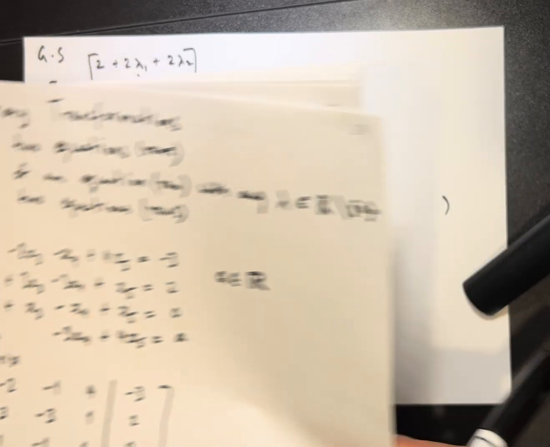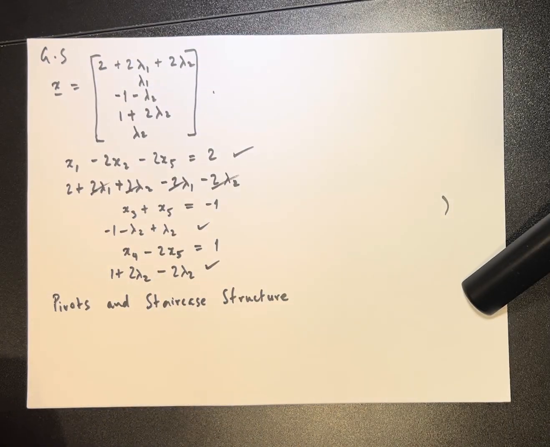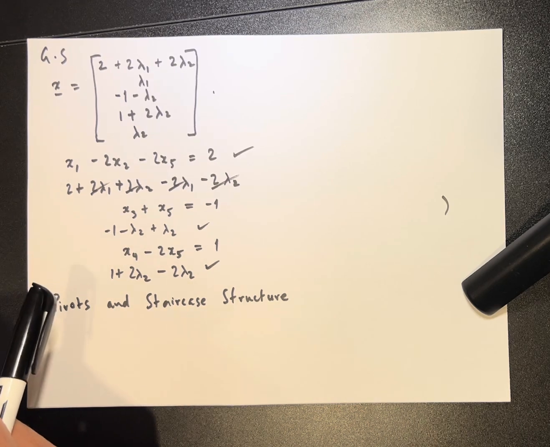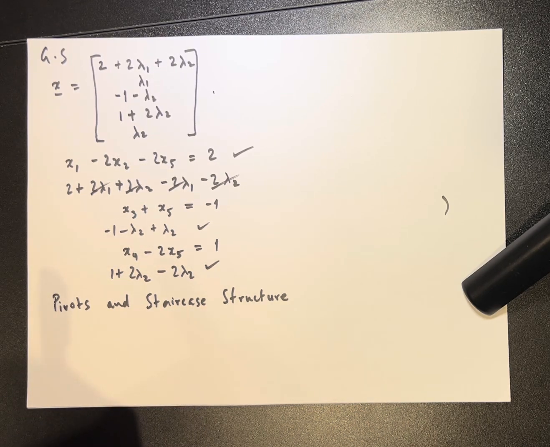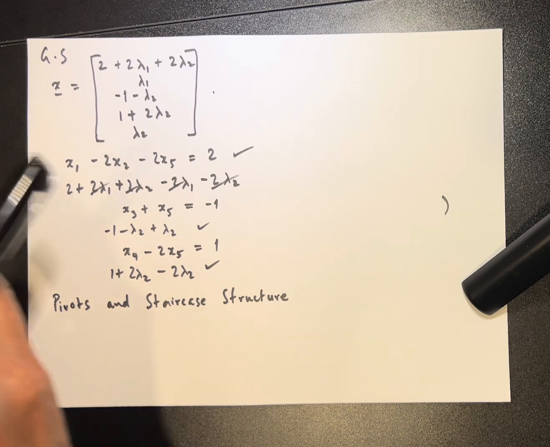Let me take my row echelon form if I can find it. We did talk about this row echelon form before we went into this reduced row echelon form. So this was the matrix.